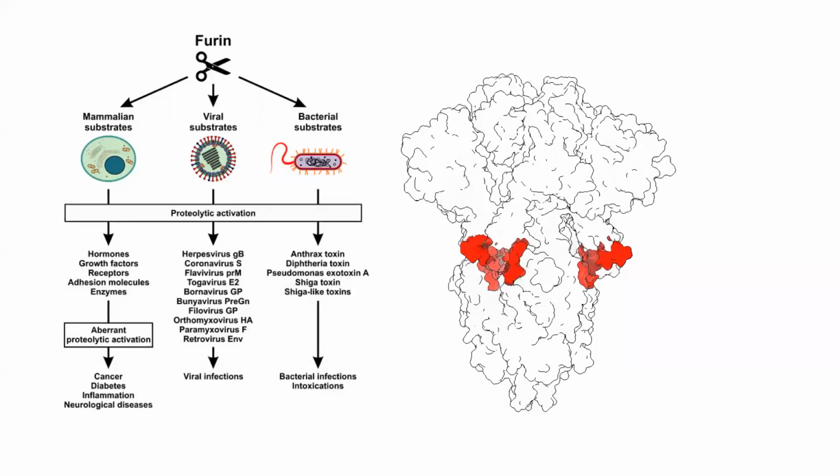Now, furin is an ubiquitous enzyme, so that means that it is in many different places and regulates many different processes in health and disease. And one key player is the ubiquitously expressed serine protease furin, which cleaves a plethora of proteins at polybasic recognition motifs.